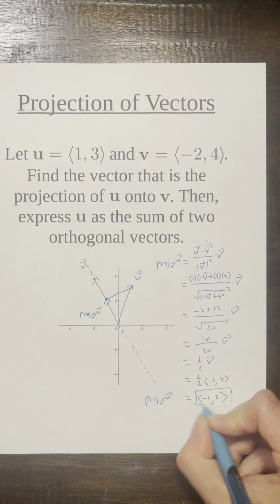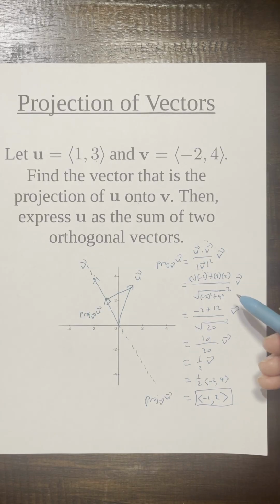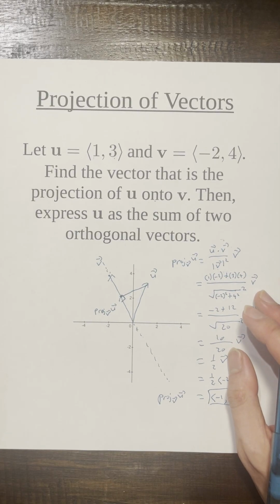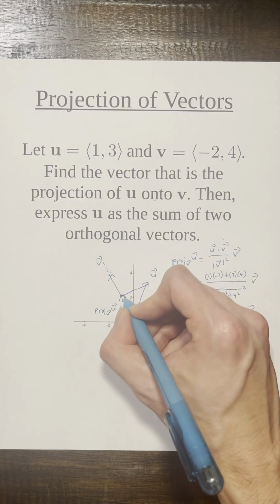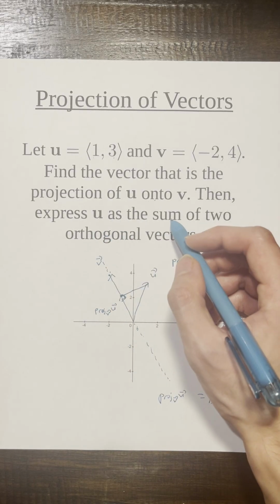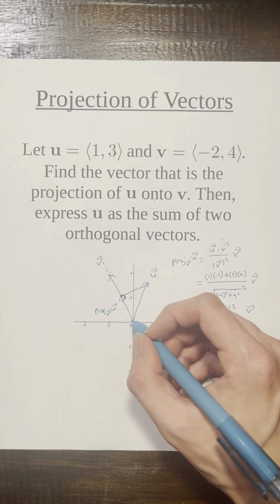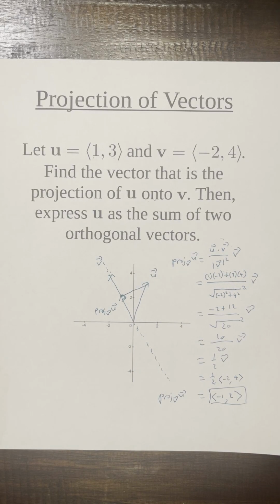So this is your answer, but they also want us to express u as the sum of two orthogonal vectors. Now, what does the word orthogonal mean? Orthogonal means perpendicular. So if we wanted to express u as the sum of two perpendicular vectors, which two vectors in this diagram can we use?